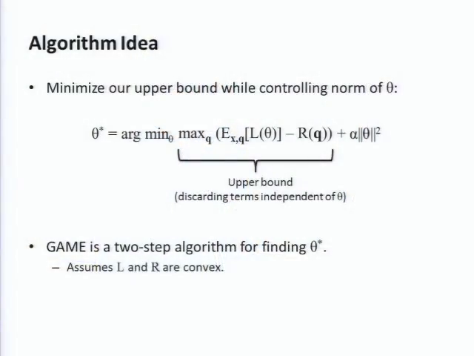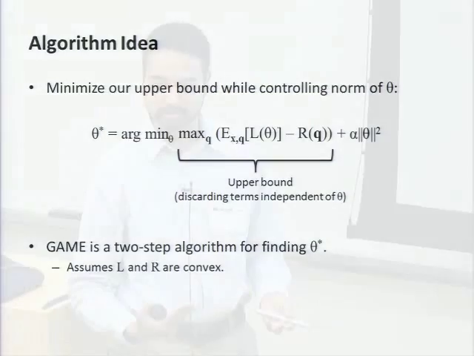But something that we found seems to work better is the algorithm I'm about to describe, which is a 2-step algorithm for finding theta star, the theta that minimizes this objective. And this algorithm assumes that both the loss function and the regularizer function are convex. And all of the examples of regularizer functions that I've given you so far are in fact convex.